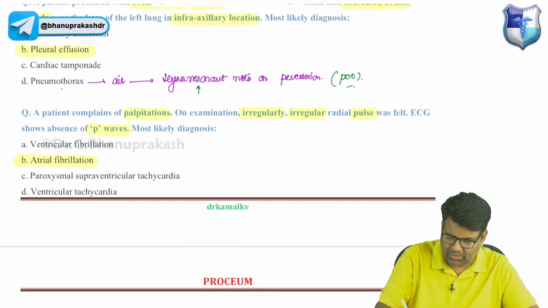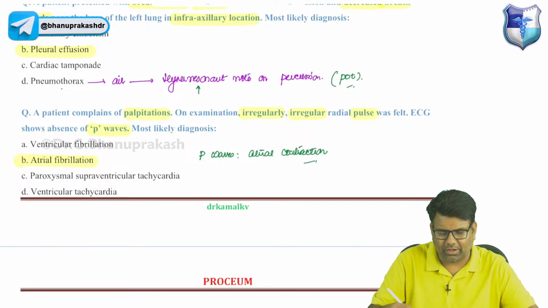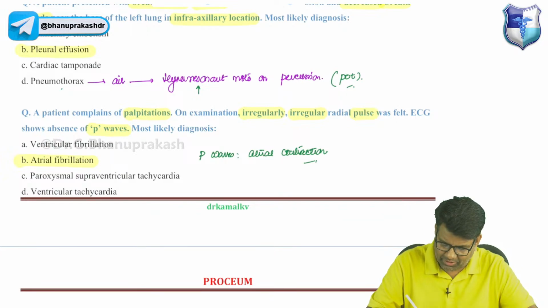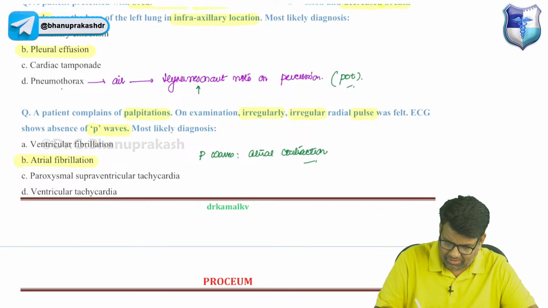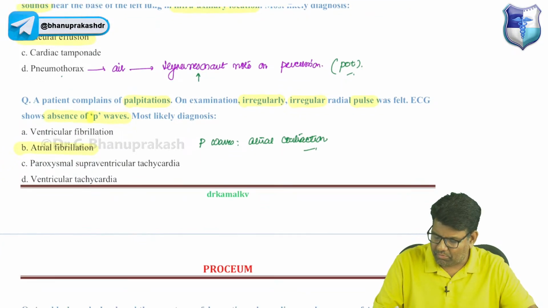Very good, because we know that P waves are because of atrial contraction, and in a case of atrial fibrillation the atria are simply vibrating, so there is no proper P wave. So the moment you find absence of P wave, think of atrial fibrillation. The pulse is irregular.